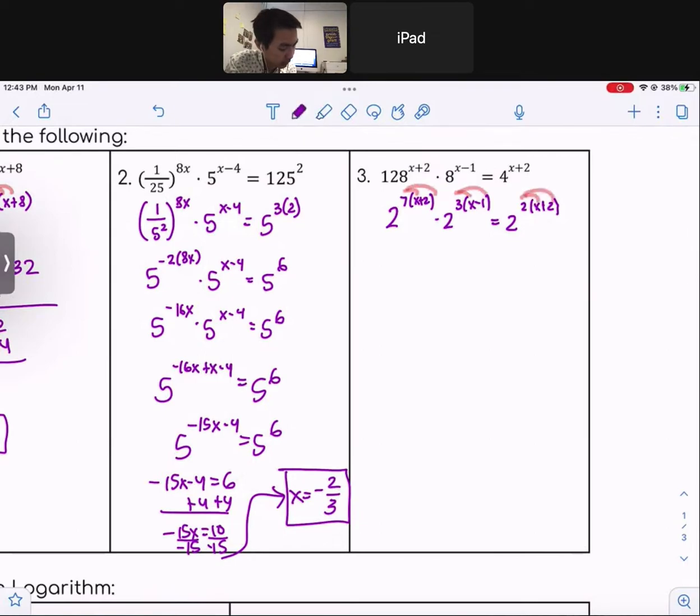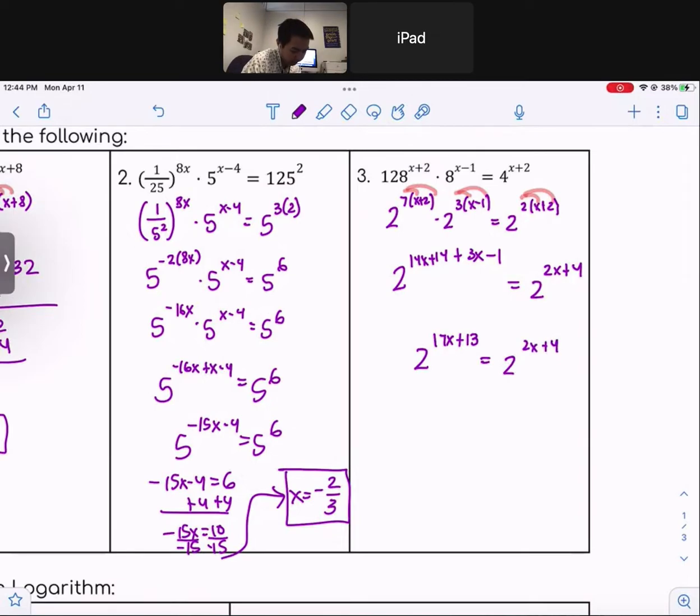A lot of multiplication, so we get 2 to the 14x plus 14, plus 3x minus 1, all equal to 2 to the 2x plus 4. So we combine like terms up here, so we're going to get 2 to the 17x plus 13, all equal to 2 to the 2x plus 4.